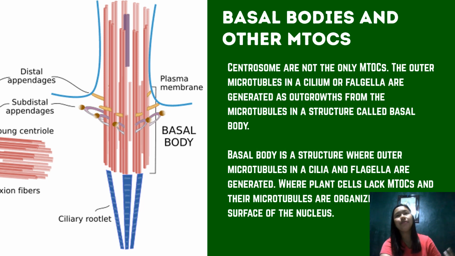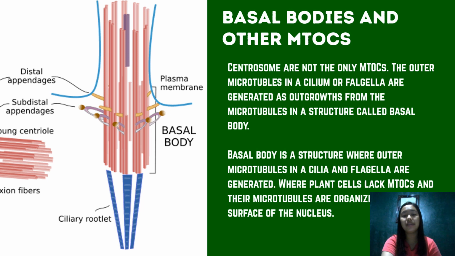Sa kabaligtaran, wala sa plant cell ang centrosomes, centrioles o malinaw na MTOCs. Sa halip, ang mga microtubules sa plant cell ay nag-uumpisa sa paligid ng surface ng nucleus at kumakalat sa buong cortex nito. Ibig sabihin, sa mga plant cells, walang malinaw na MTOC.